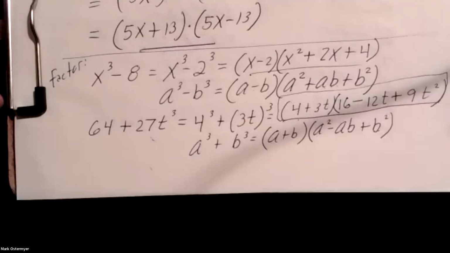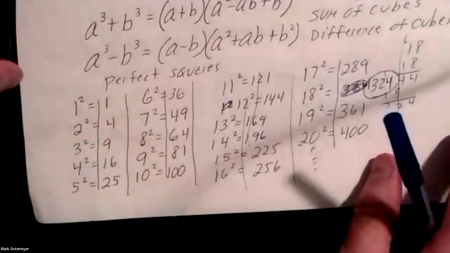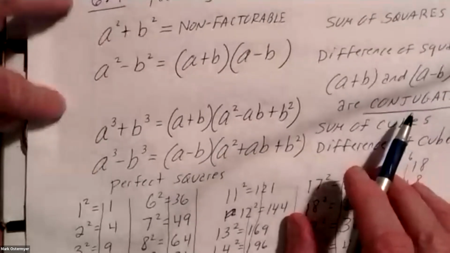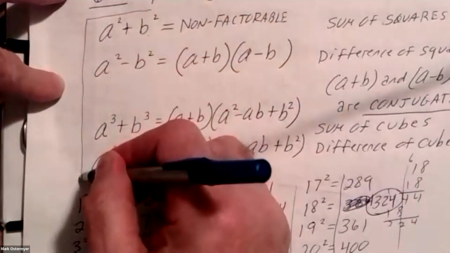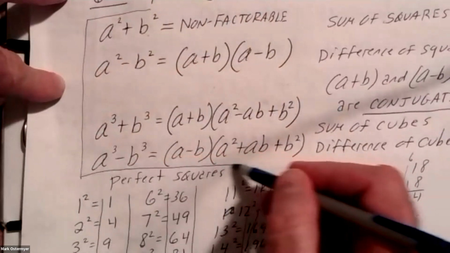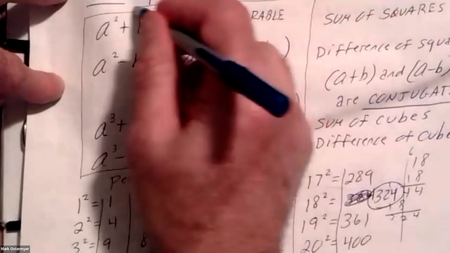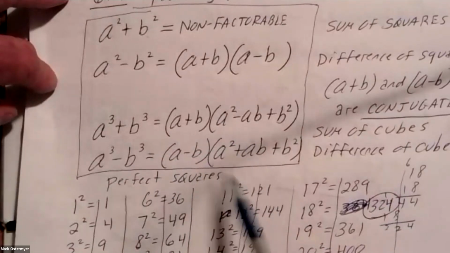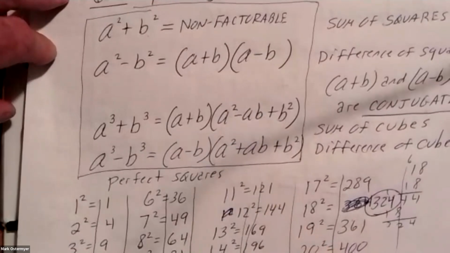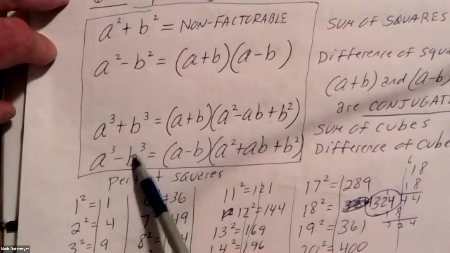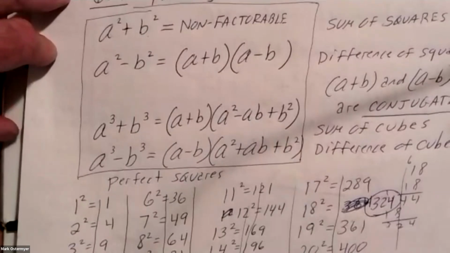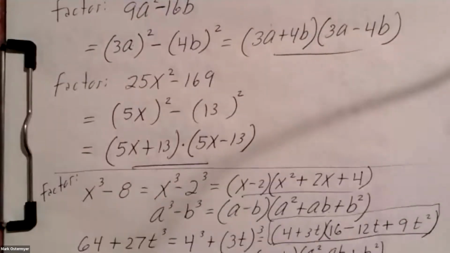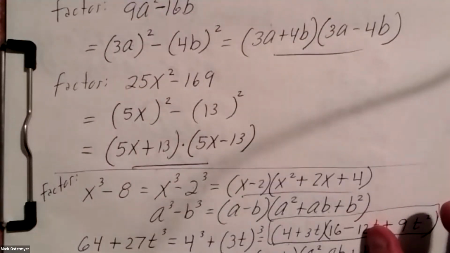All right, the key is, like I said, these patterns, you just got to become familiar with all these patterns here. And once you know the patterns, it's very easy to factor things accordingly. If you don't memorize these patterns, it's going to be kind of difficult to know how these different types of binomials factor. So it's very important to try to commit those patterns to memory.